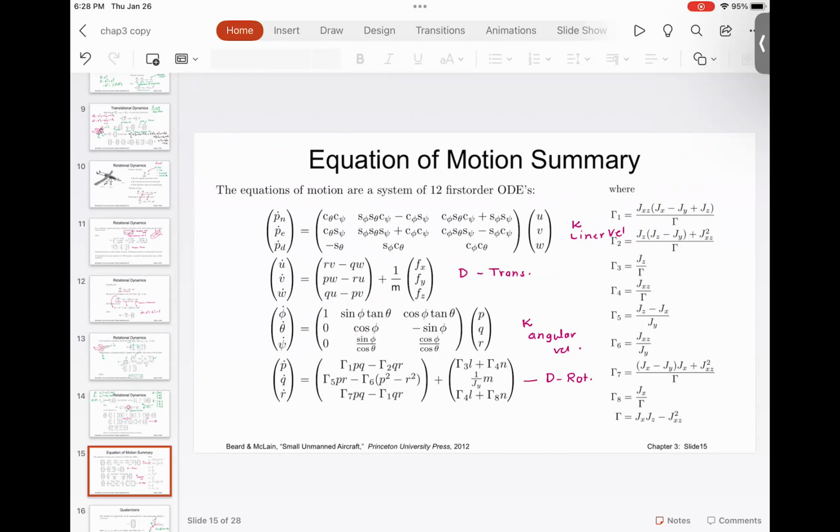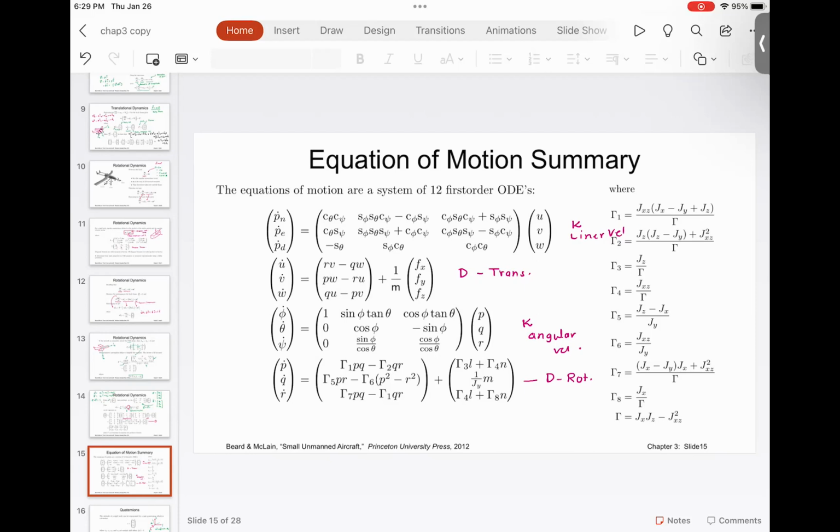Remember, there are 6 equations describing 3 positions and 3 angular velocities, and then there are 6 equations that are describing the dynamics. So you have a kinematics equation that gives you the position relationship, a kinematics equation that gives you the angular velocity relationship. You have force equal to mass times acceleration, and T equal to I times alpha. So now you have 12 equations.